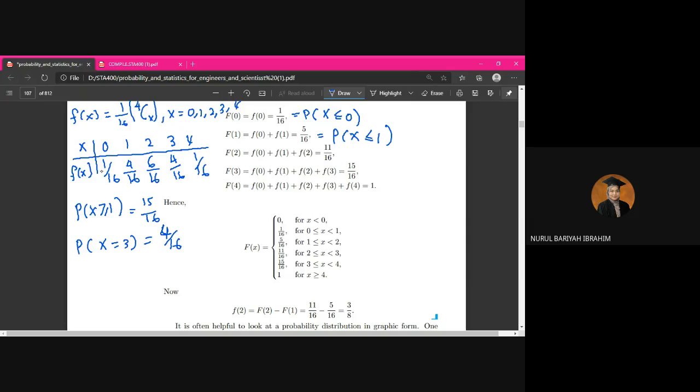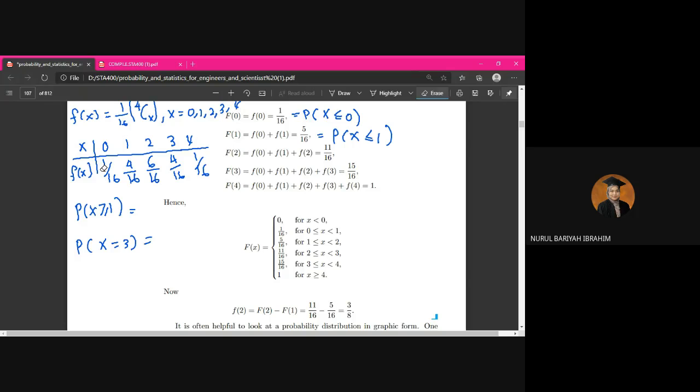But now if we have this CDF, kita tak ada PDF ni, kita ada CDF saja, kita nak cari nilai probability pun boleh. So how we can do that? Kita tak ada table ni atas ni.